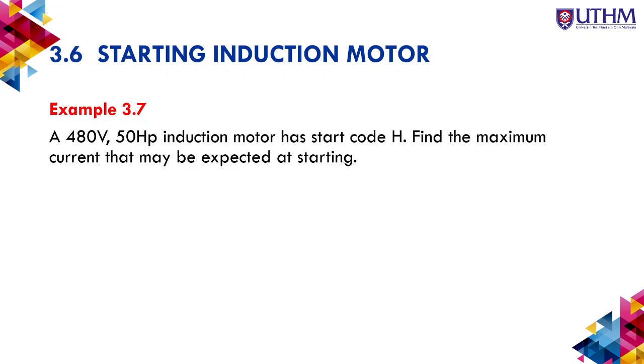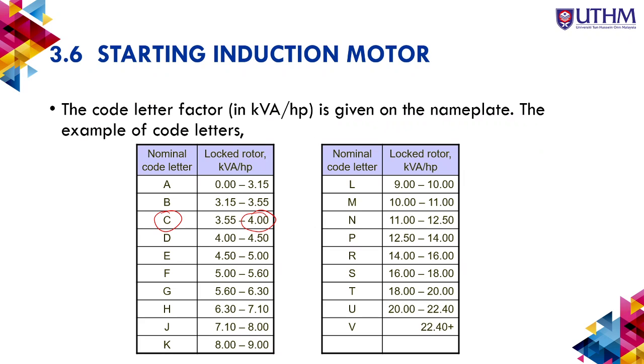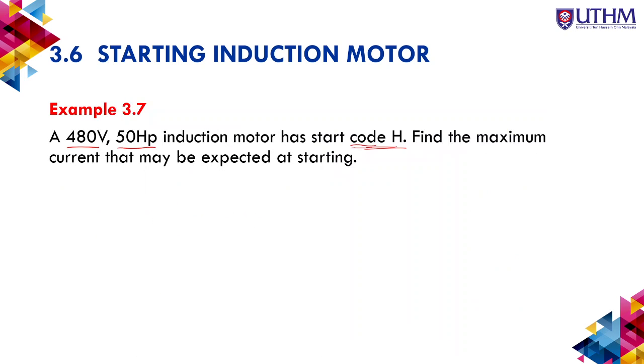For example, a 480 volt, 50 horsepower induction motor has start code H. Find the maximum current that may be expected at starting. Since they give code H, we look at H, and the maximum is 7.1 kilovolt ampere per horsepower.